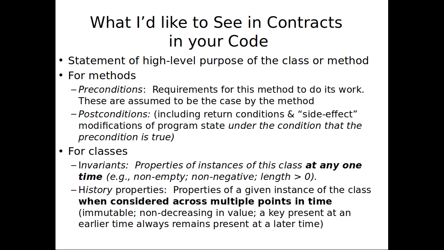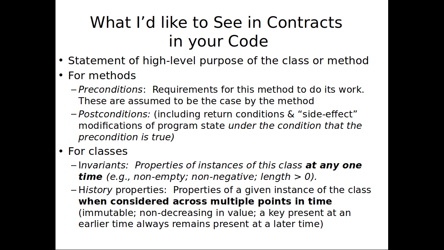History properties are different. History properties consider 2 points in time, A and B. One is later than the other. And these are properties that hold between those 2 points in time. So maybe, for example, the value of a counter never declines. It never goes down.